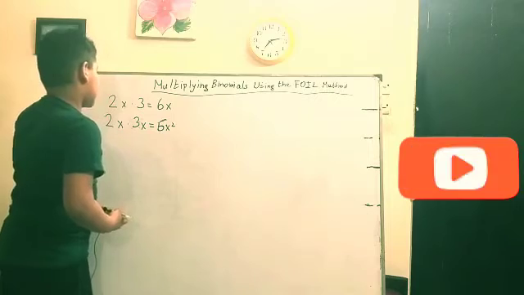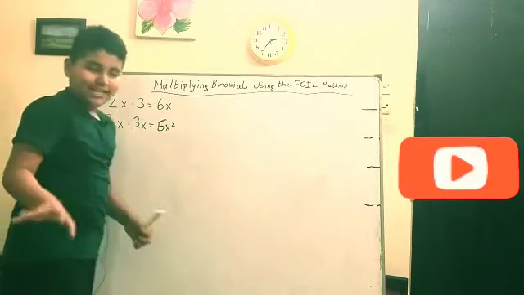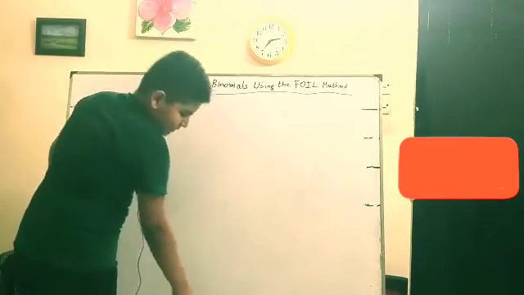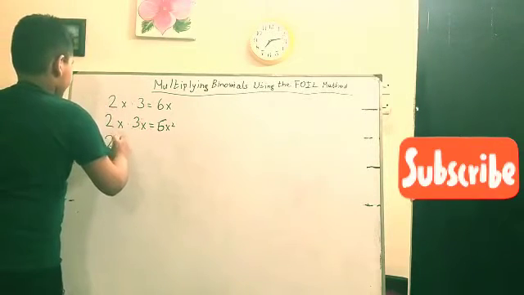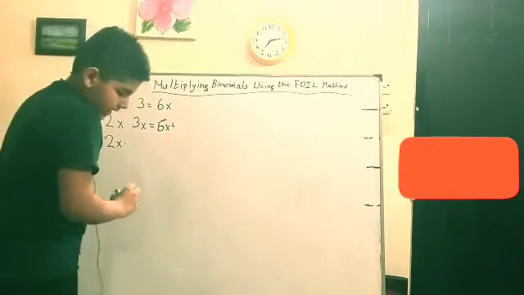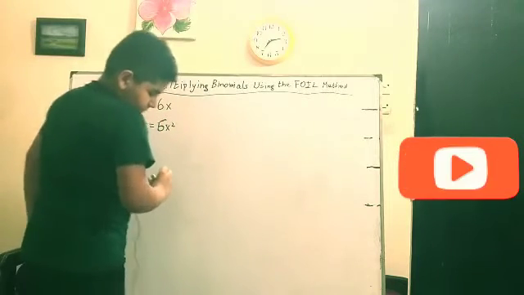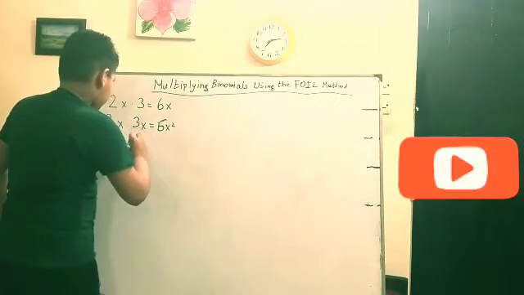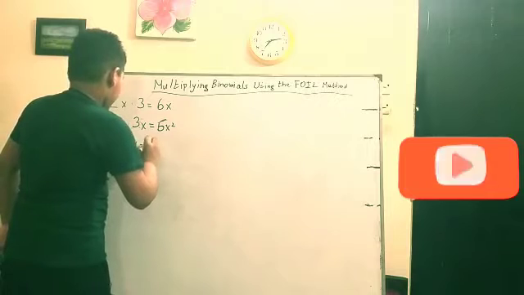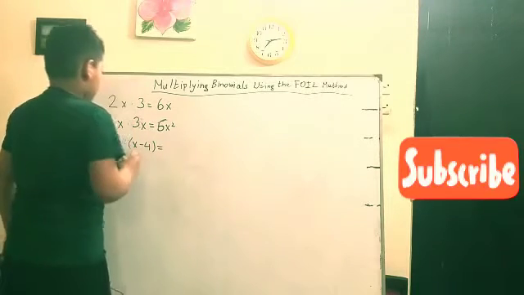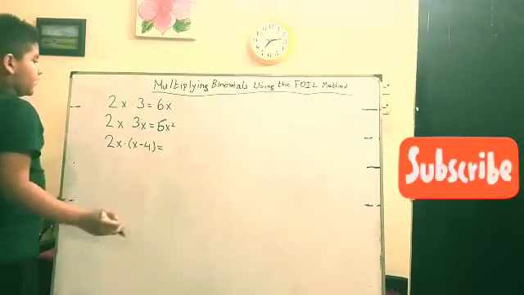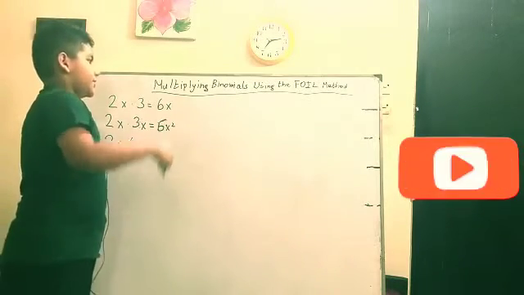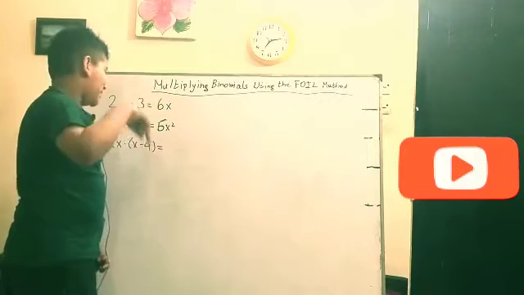Now let's get into something even harder. I know this is getting way too quick, but that's only because I want to get into the important part later. So 2x times x minus 4. So it's a binomial times a monomial. We can use the distributive property in algebra, which I have the link in the description below.